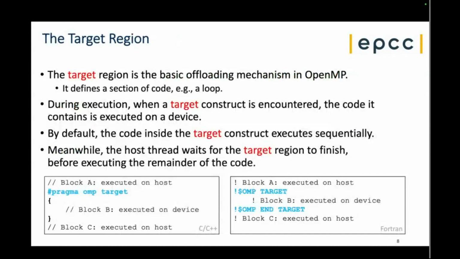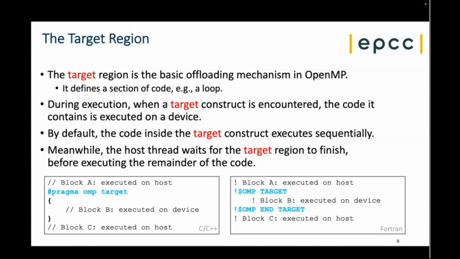The way you do it is by adding a directive. This is supported for both C/C++ and Fortran, although the syntax is slightly different. And it's the usual notation from OpenMP. So for C, it's a pragma followed by omp, and then the directive that you want to use.